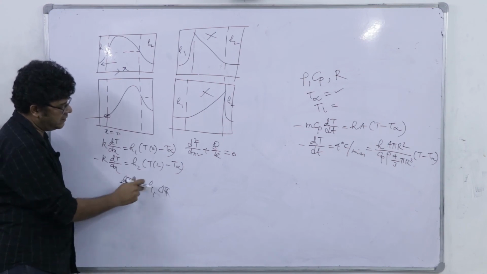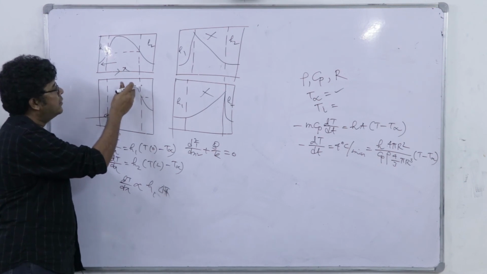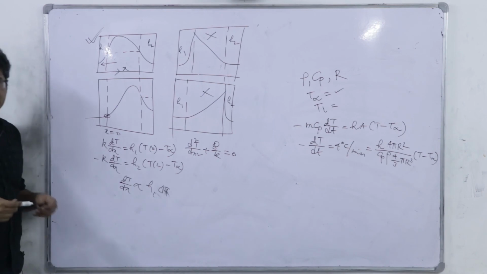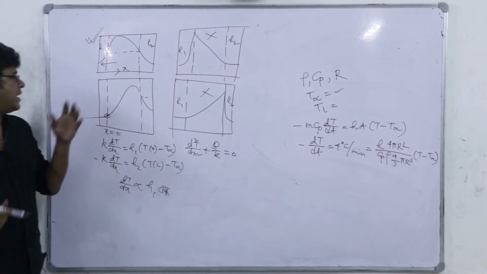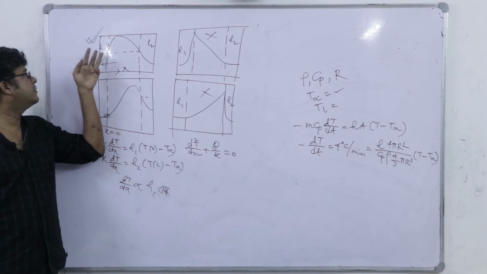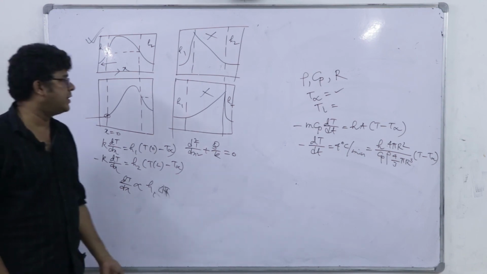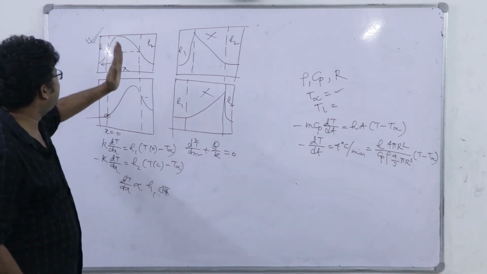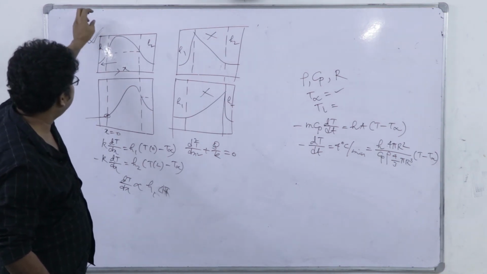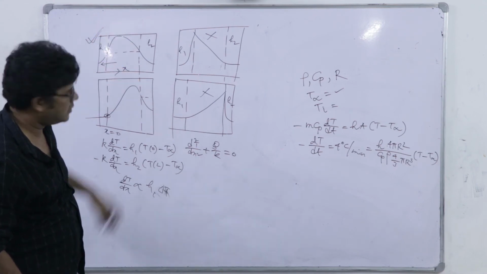So, dT/dx eventually is proportional to h1, and h1 is higher, so dT/dx must be higher. So, the maxima should be somewhere over here. So, option A is the correct answer, because the dT/dx value will be majorly dominated by these heat transfer coefficients, because that is the typical boundary condition we have. So, if dT/dx is higher, we should have the maxima close to that specific boundary at which dT/dx is higher. So, this is the correct answer, not this one.